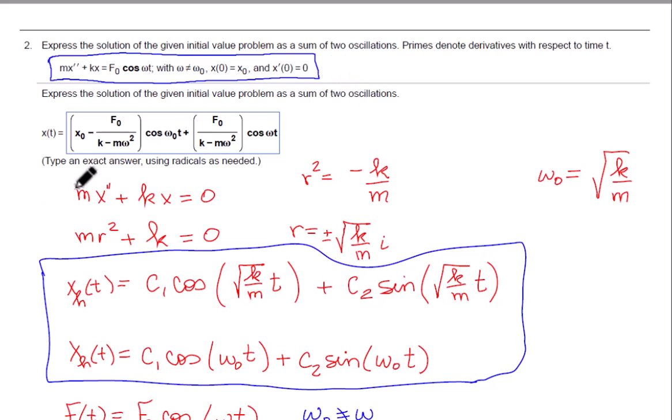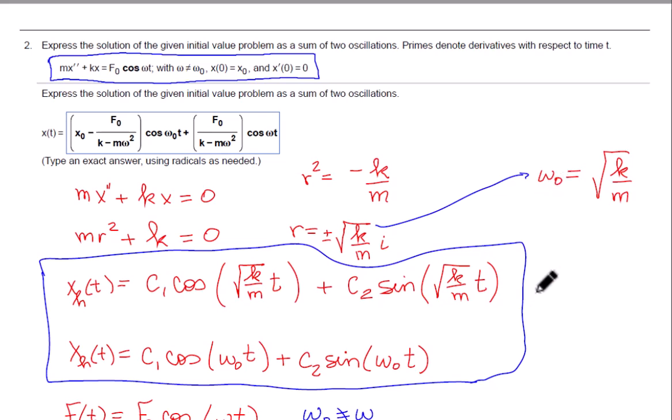All right, so I form the homogeneous problem, get my characteristic equation. So r squared is minus k over m, and so I get two complex roots. So at that time, we're going to let that constant be omega naught.